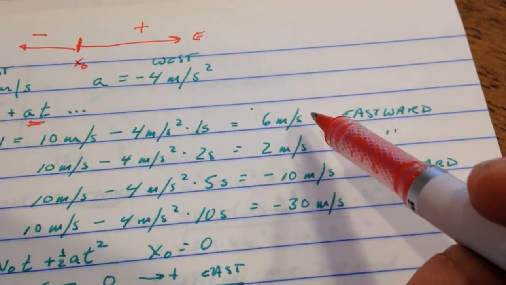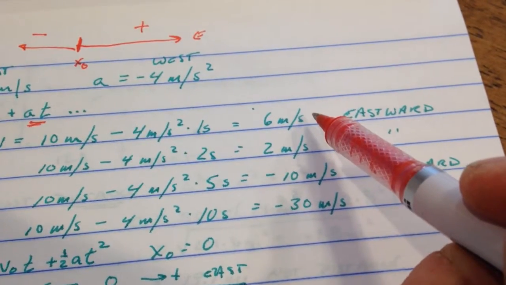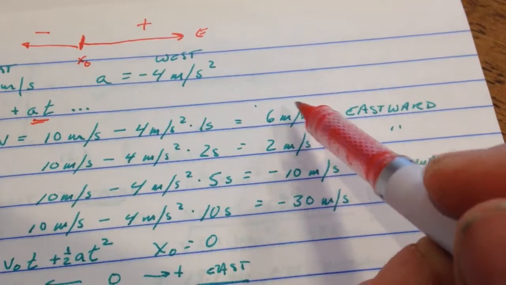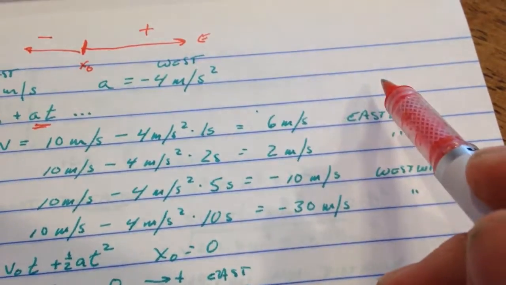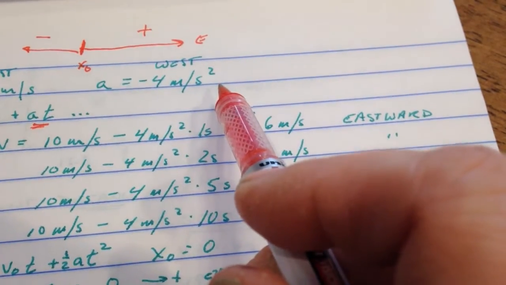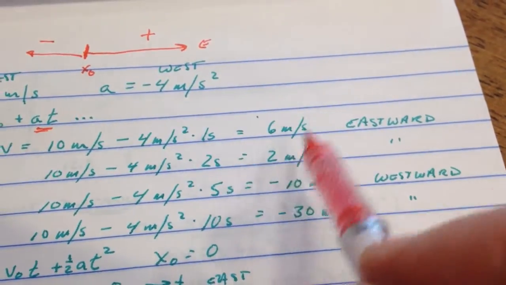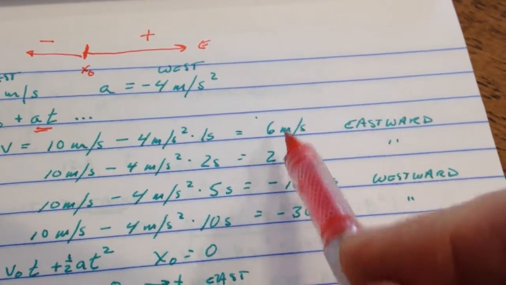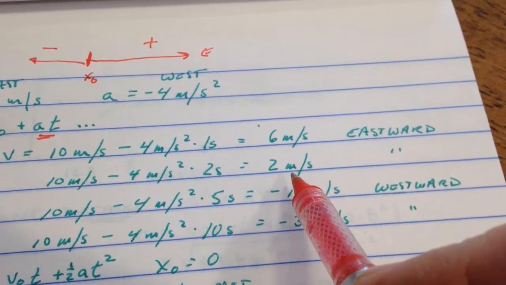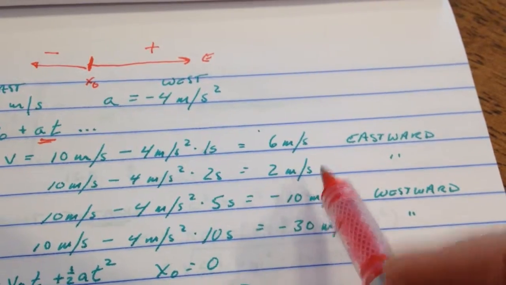Notice that in the first second, our velocity remains eastward at 6 meters per second. So 10, the original, is reduced by that westward acceleration of minus 4. Within the second, I remain with an eastward positive velocity.